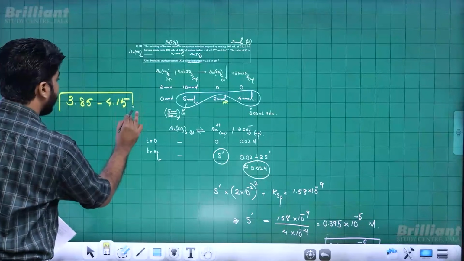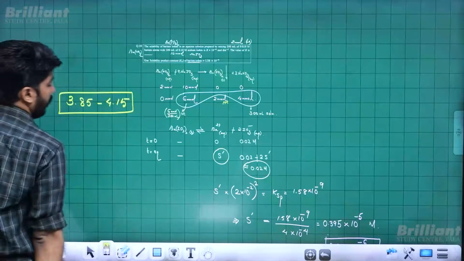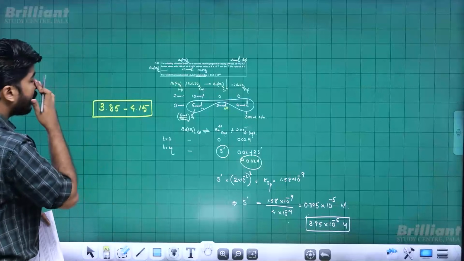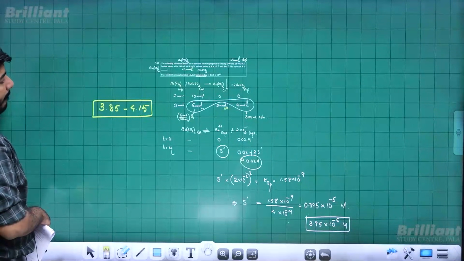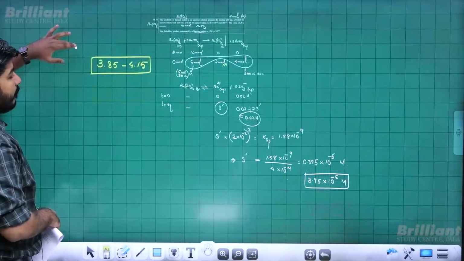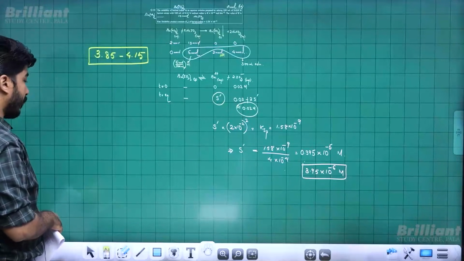So, whoever could report the answer within this range will get full marks in JEE Advanced 2025 paper 2. Okay. So, that was from ionic equilibrium.